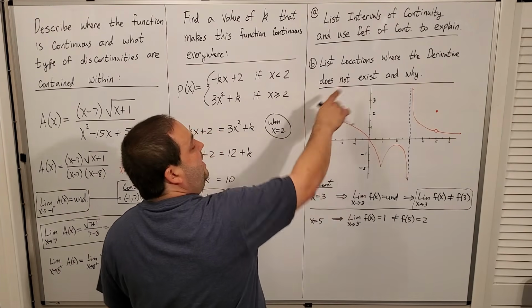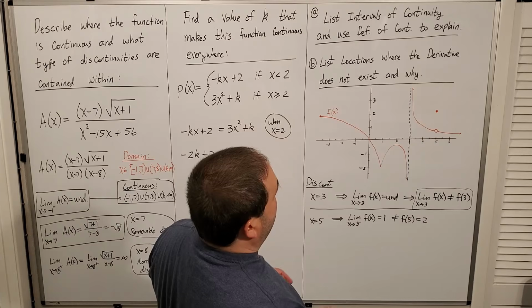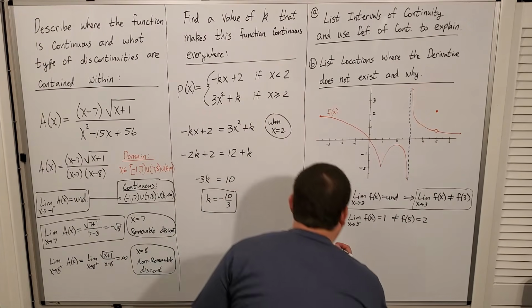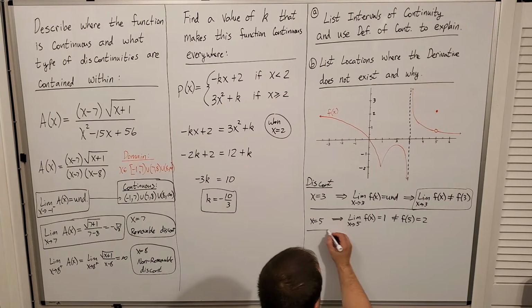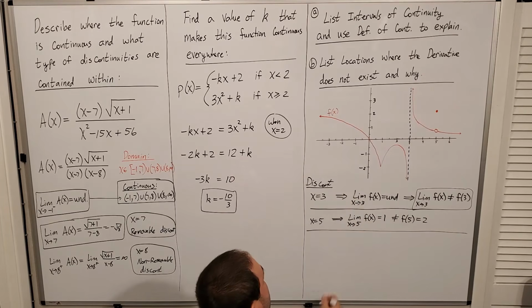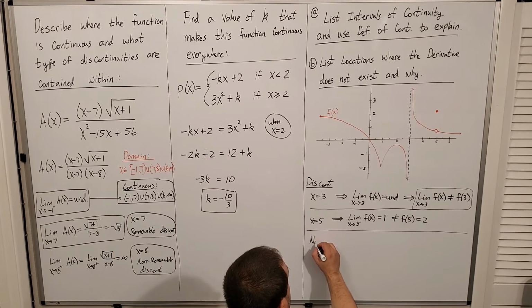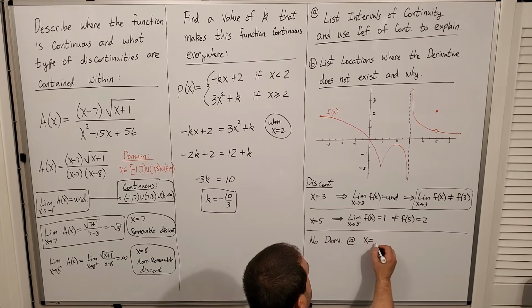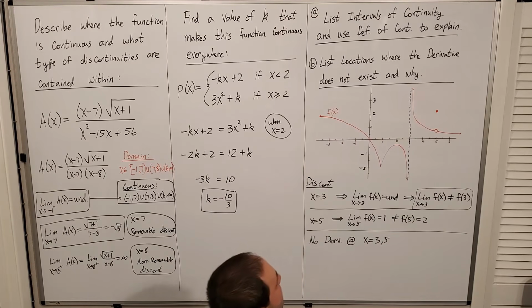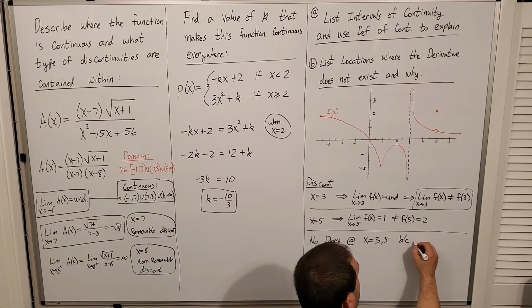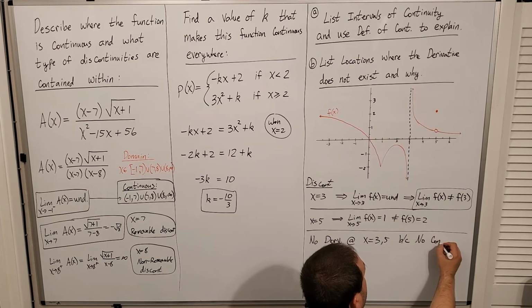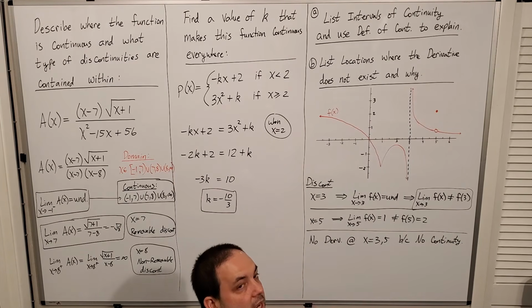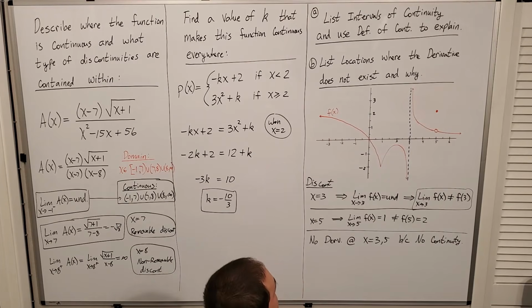Now, list any locations where the derivative does not exist. Well, the last two things that we just listed: no derivative at x equals 3 or 5. Why? Because it's not continuous. If there's no continuity, you can't have a derivative, period. That's in the definition.